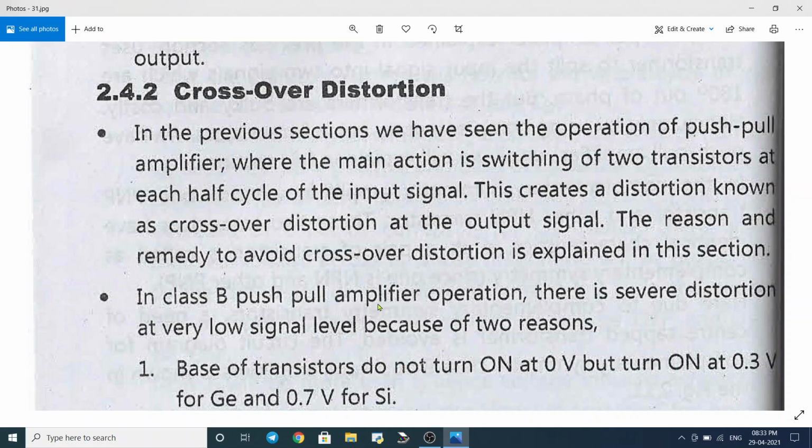As they handle large signals, there is the problem of distortion. The distortion in case of class B push-pull amplifier is the crossover distortion. Means there is unwanted change in output wave shape.